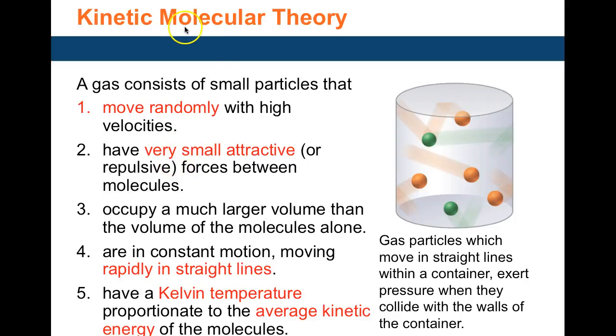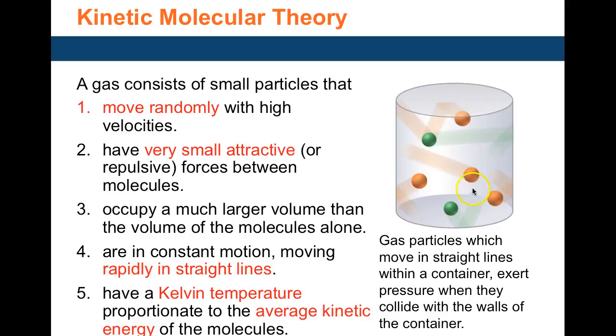So the postulates of the kinetic molecular theory are that gas particles are moving very randomly but with high energy, all right, high velocities. They're traveling at great speeds, kind of random, but always in straight lines. Even though the movements are rapid, it's always in straight lines.